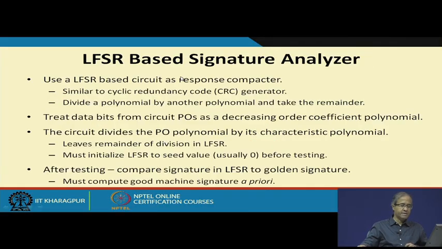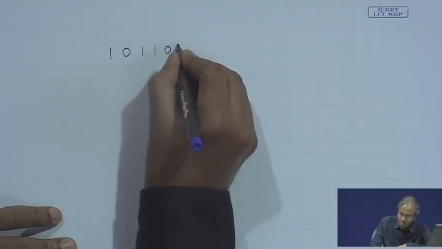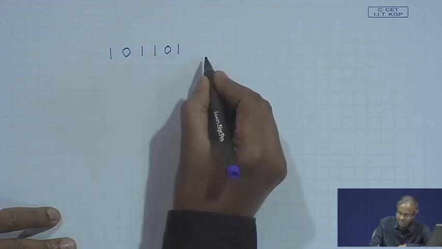So, let us first look at the LFSR based signature analyzer which can compact a single bit stream. The process is exactly similar to a cyclic redundancy code generator which is used for error detection in many applications. Mathematically, what we do here is that basically we are dividing a polynomial by another polynomial and taking the remainder. Now, any bit pattern, let us say 101101, can also be represented as a polynomial.